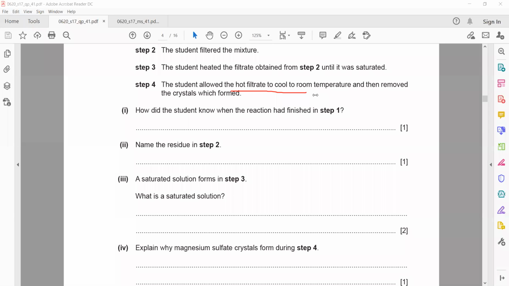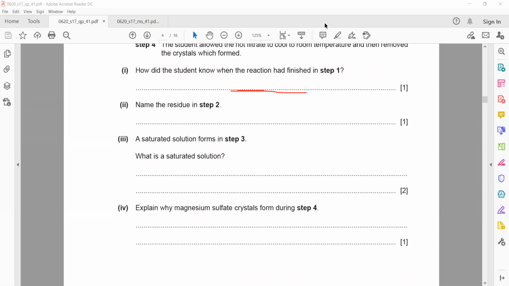The water in the salt solution evaporated, but not all of the water is removed. They concentrate the solution; they did not remove all of it. That's why filtration is done again. So why are the magnesium sulfate crystals formed? Because they're allowed to cool, and the solubility of the solution decreases.